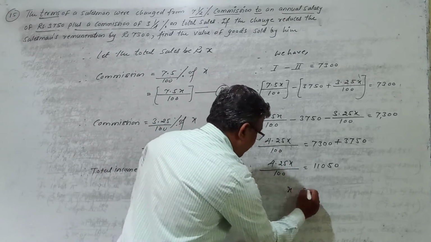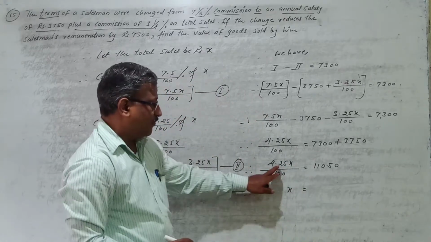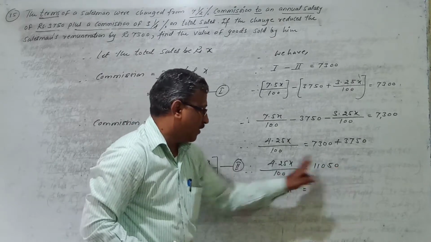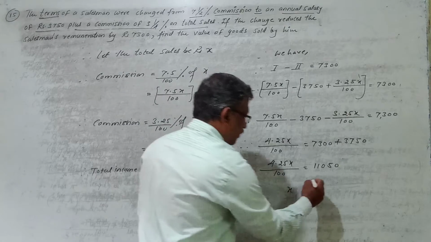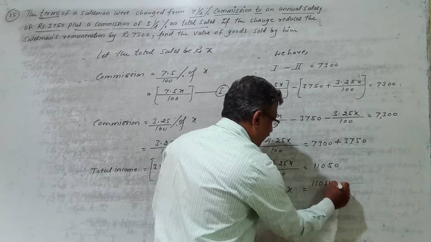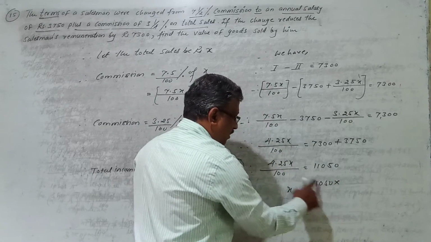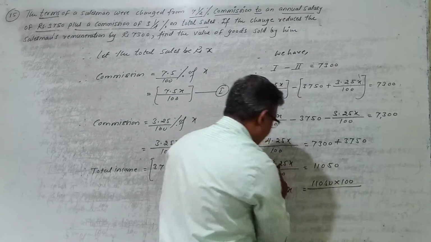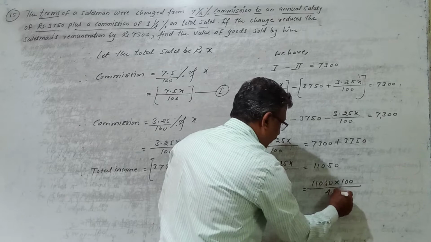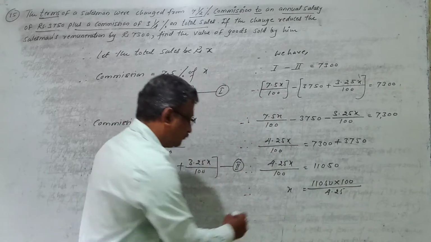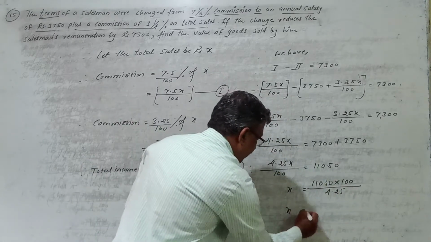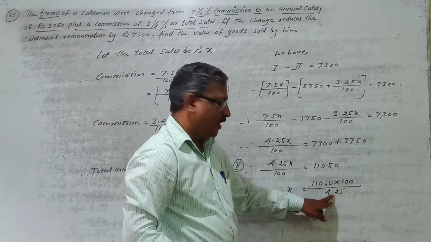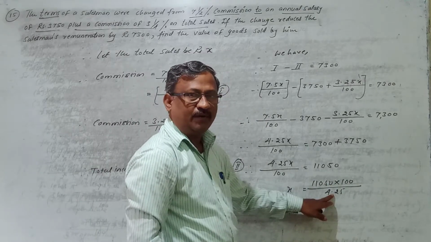So straight away bring this x outside. Transfer 4.25 to the other side. Division becomes multiplication, multiplication becomes division. So 11,050 remains as it is, and transfer this to this side, into 100 and divided by 4.25. So x equals 11,050 multiplied by 100, and finally you divide by 4.25.